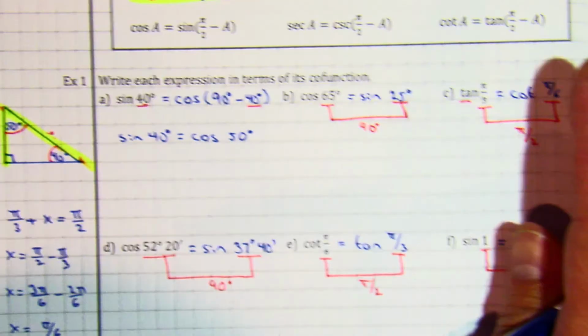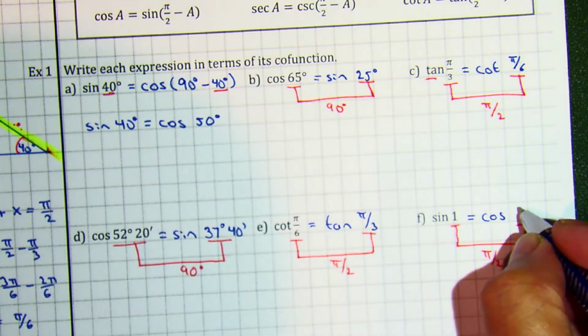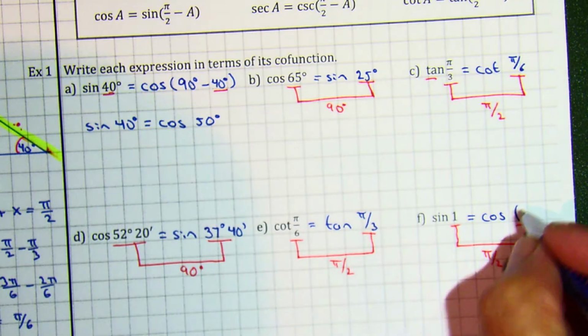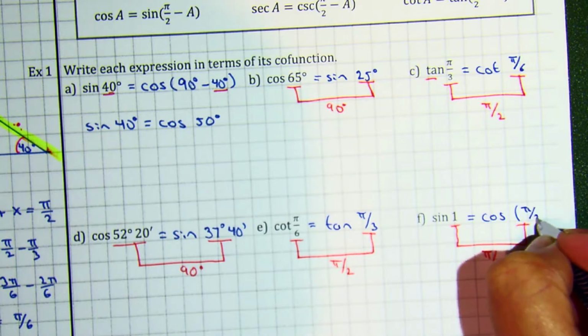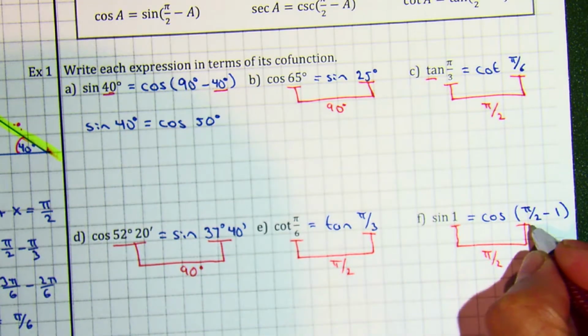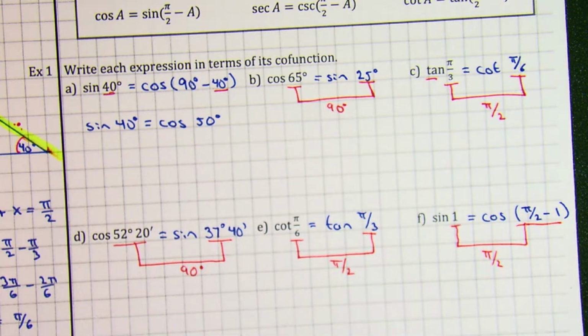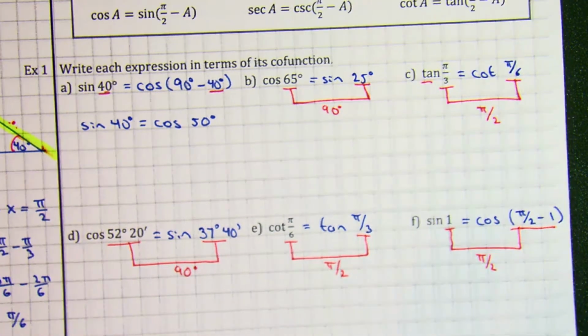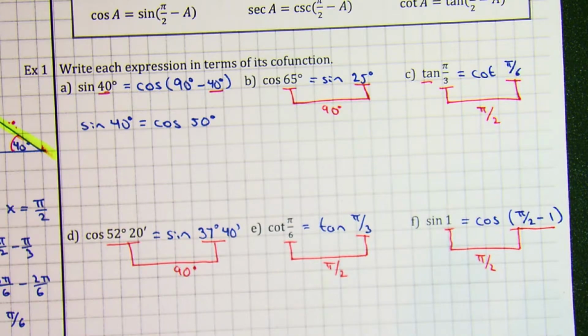So the only way that we can actually write it down will be just using the formula, which will be pi over 2 minus 1, if we want to have an exact answer. Questions?